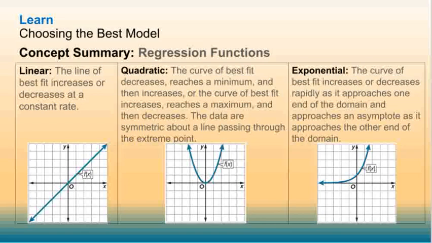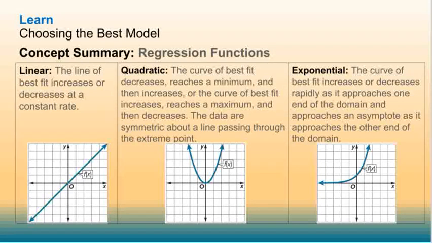So here you can compare the three functions that we've gone through. Linear, it's a straight line. A line of best fit increases or decreases at a constant rate, so there is a specific slope. For quadratic, the curve of best fit decreases, reaches a minimum, and then increases, or the curve of best fit increases and then reaches a maximum and then decreases, depending on if it's a positive or a negative function.